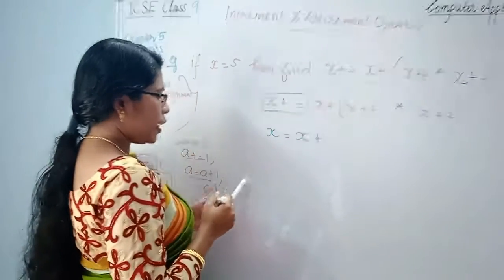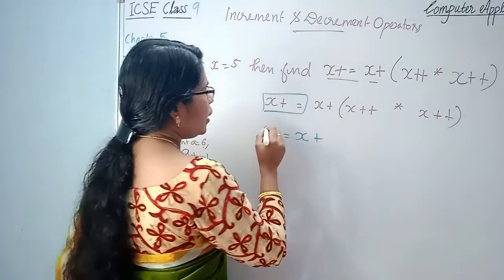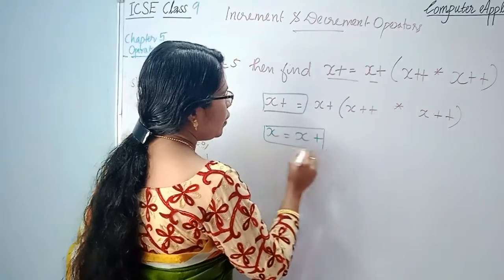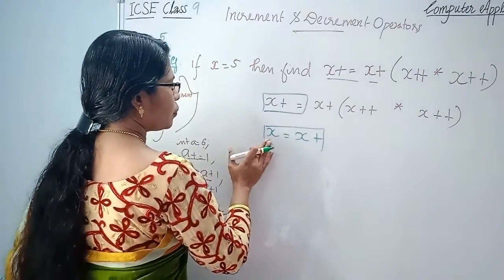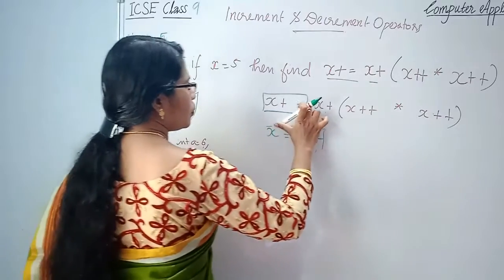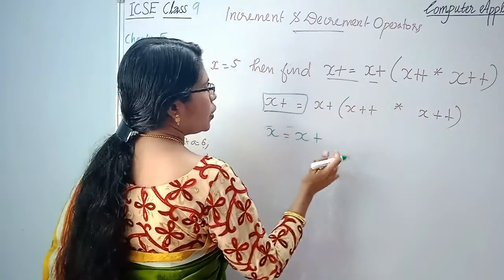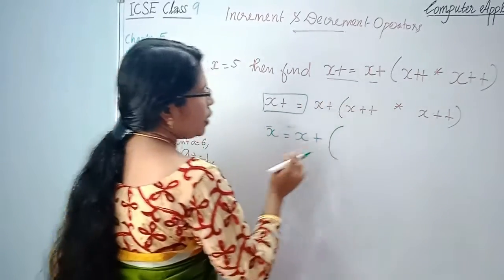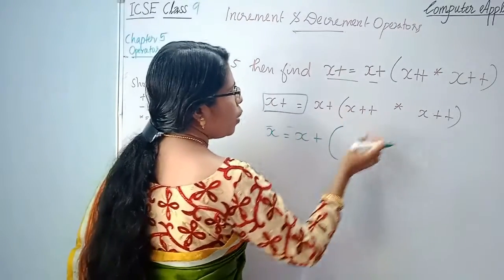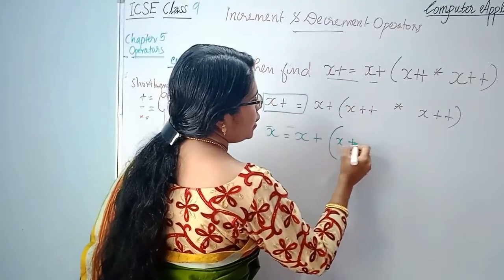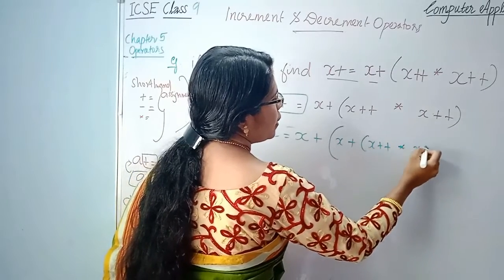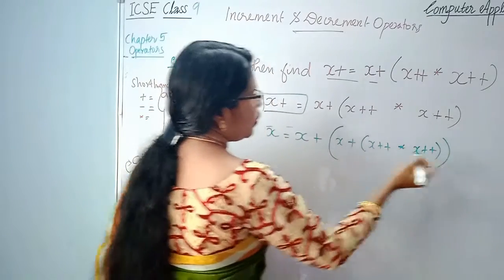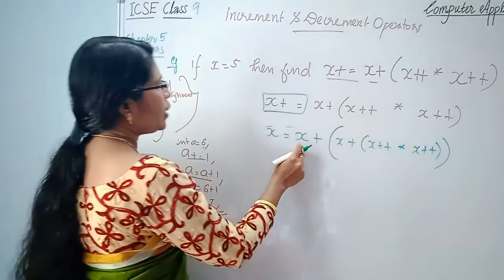So till here the shorthand assignment operator, and the remaining full block we will write like this: x plus plus into x plus plus.